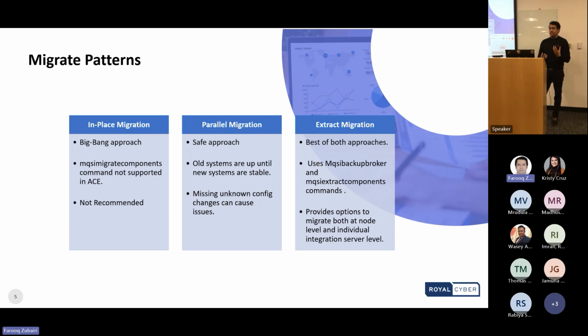As a concept, in parallel and in-place, you just set up your source and target and you manually migrate your components one by one. But in extract, I'll take a snapshot of my source and dump the snapshot into my target and start it, and it should work. That's where we thought that this kind of utility can help us in the migration process, which is very lengthy and a hectic process itself.